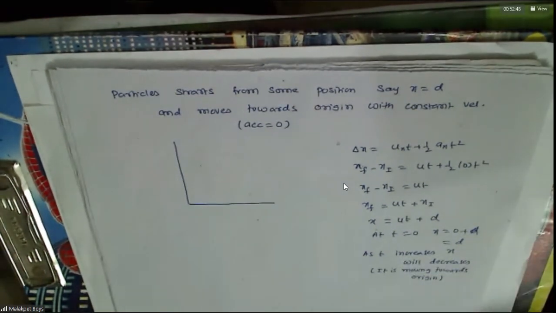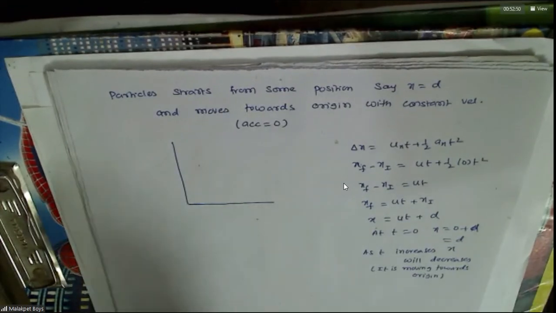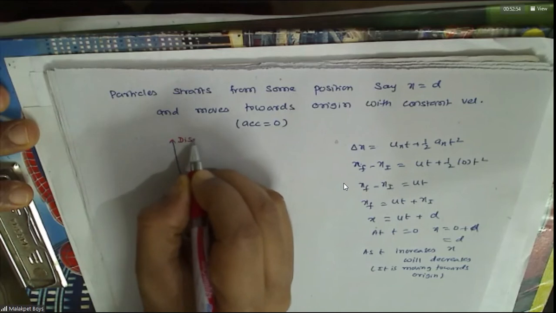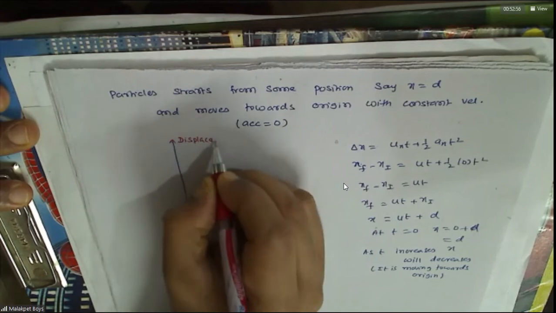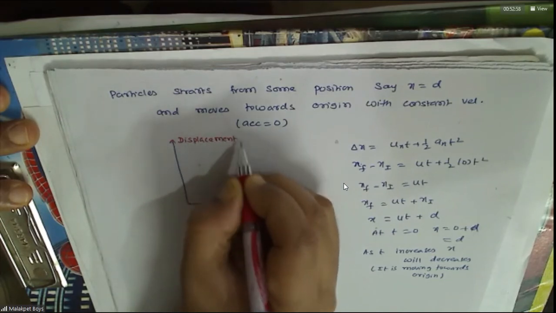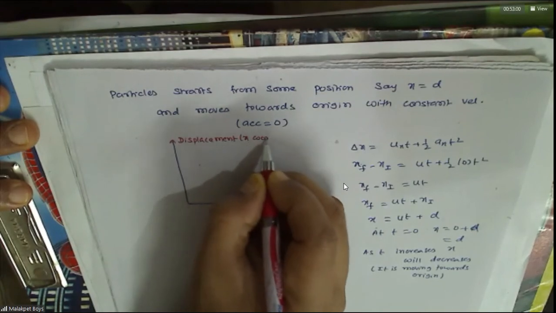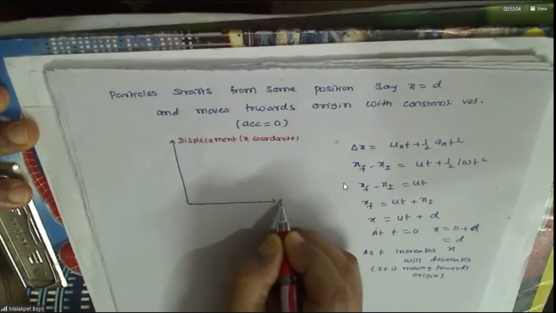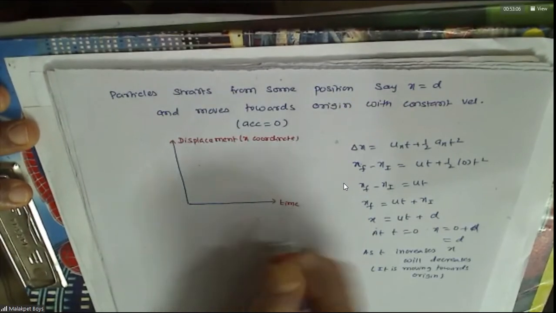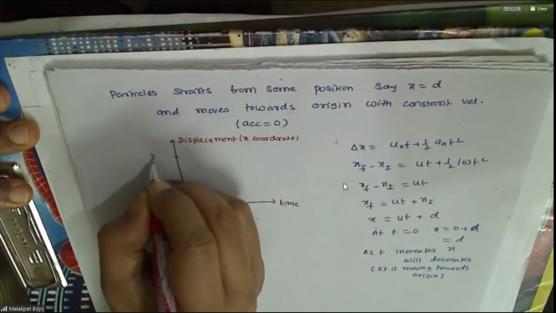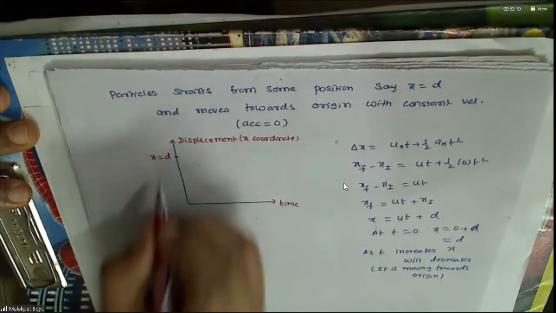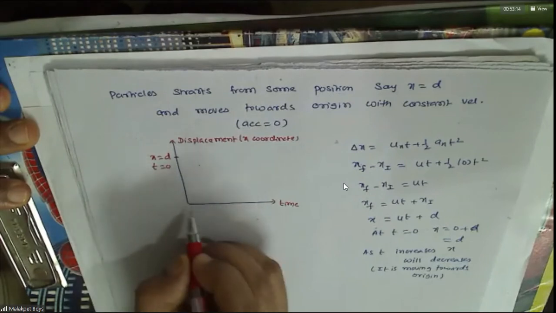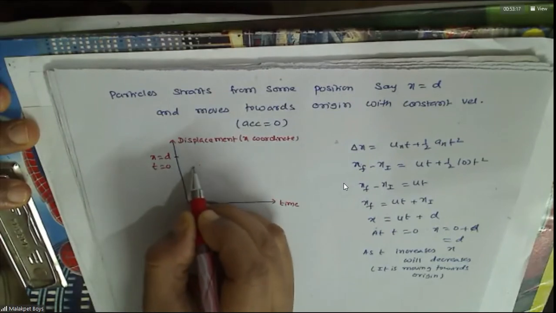Right. So here we'll take the displacement. Displacement means position. This is time. This is x equal to d at t equals 0. As time increases, what happens to the x coordinate?